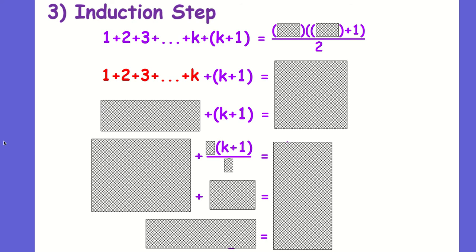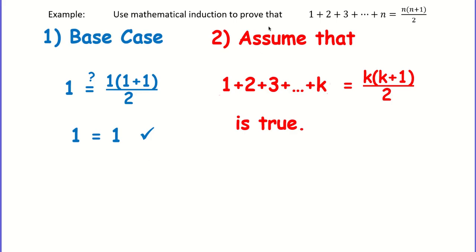Okay? We have to now show, beyond a shadow of a doubt, that we go all the way to K plus 1, the K plus 1 case, and it holds true, right? So we have to show that when we take the left side all the way to K plus 1, it's actually going to equal this right side, where n is actually now K plus 1.